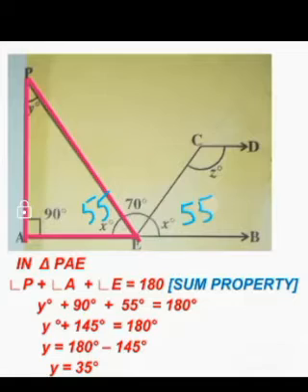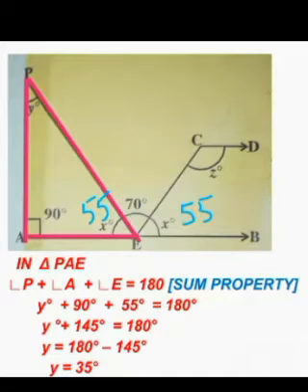Okay. Here, 55 degrees. Now we have to find out the value of y. So to find out the value of y, let us consider this triangle PAE. So we can use some property here to find the value of y. So angle P plus angle A plus angle E is equal to 180 degrees, angle sum property.